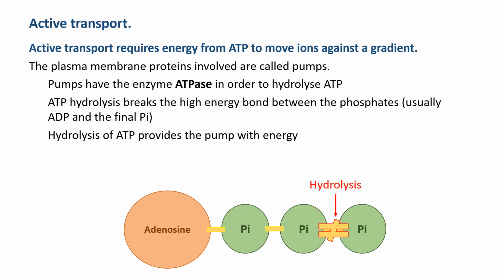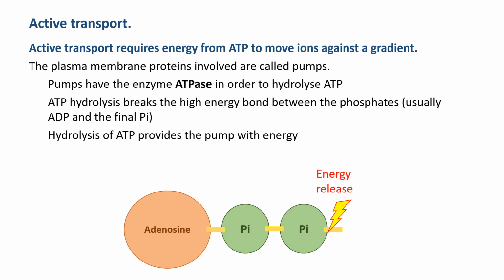So ATP hydrolysis breaks the high energy bond between the phosphates, usually, remember, between ADP and the final phosphate. There you'll see the little sign Pi, that stands for inorganic phosphate, but just helps to identify it.